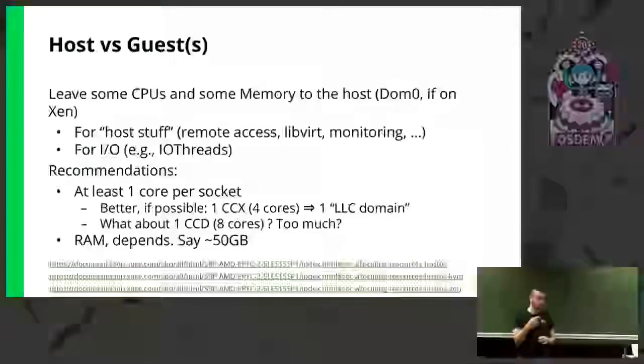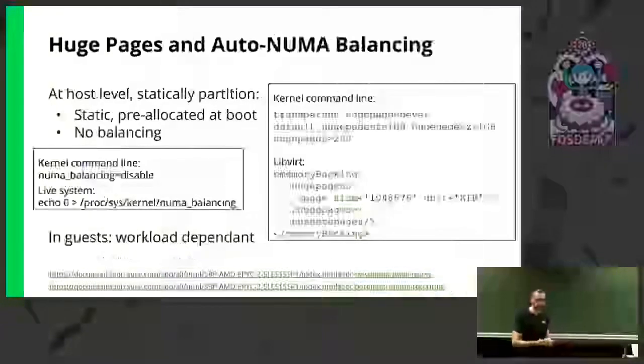If possible, you should also try to not break a CCD, but then that would mean leaving 8 cores, 16 threads for the host, which you may or may not want to do. And the RAM, how much memory to leave to the host, it really depends. Let's say 50 gigabytes and be done with it.